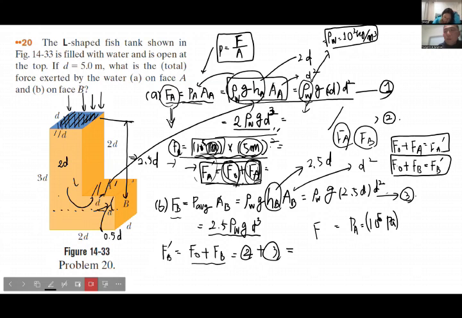Area is d squared. Here, d is 5 meters, right? So you have to apply 10 to the 5 Pascal times 5 meters squared. That is the force from the atmospheric pressure.